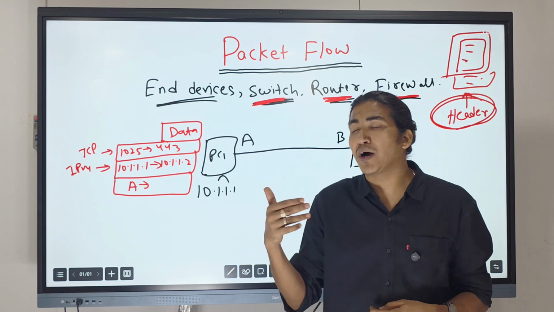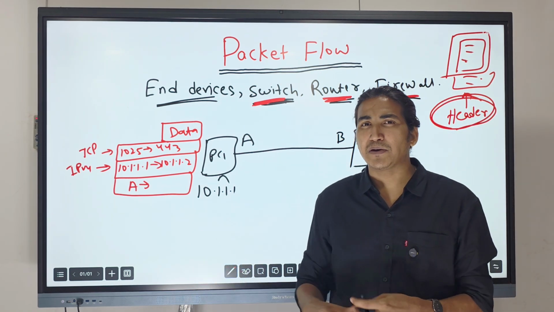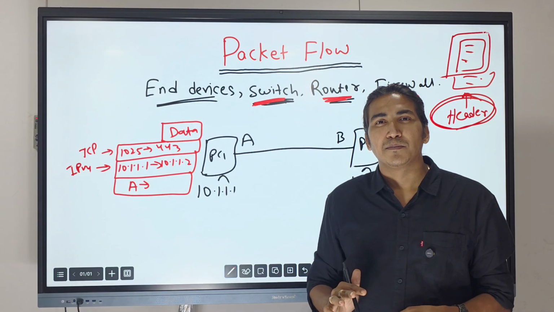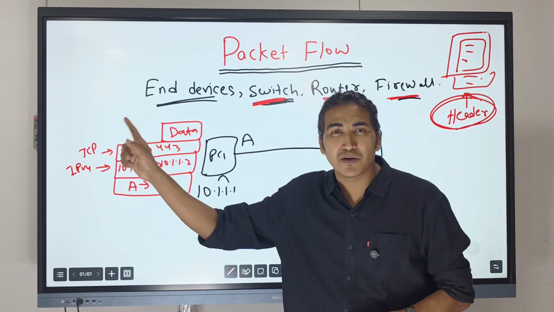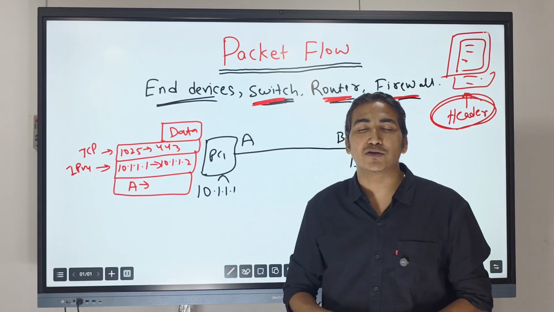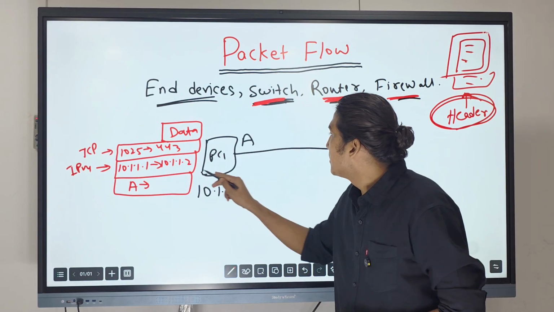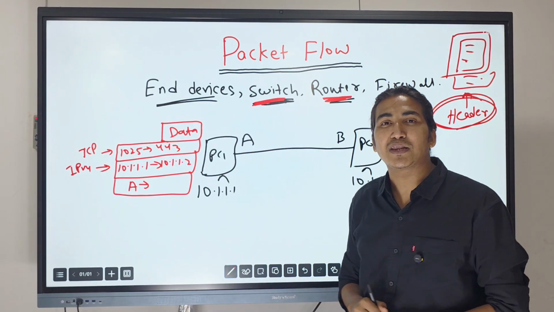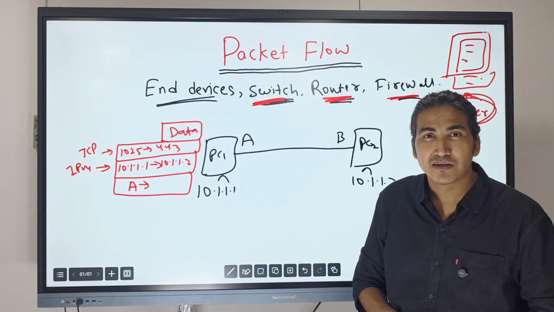Means logically you are telling your device about the destination IP address. If I am saying ping 8.8.8.8, means I am telling my device that 8.8.8.8 is one server somewhere on the internet, just check reachability to that server. So we are telling the device about the destination IP address.